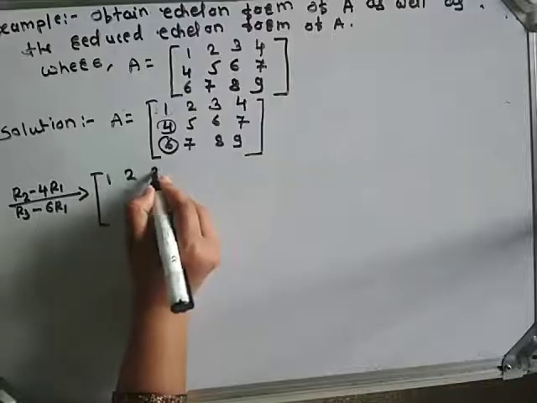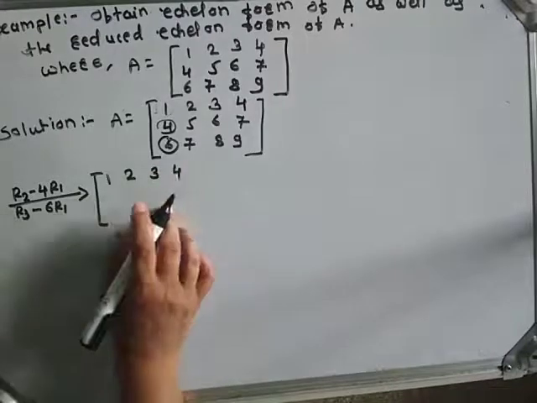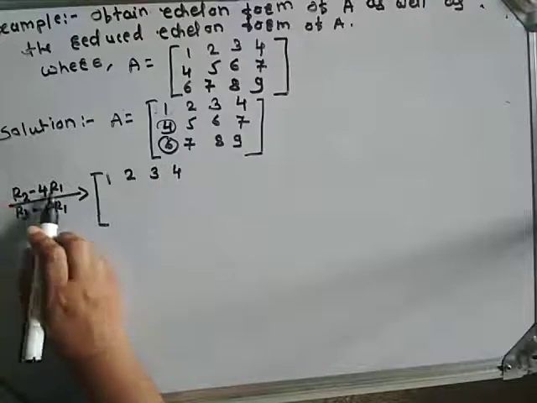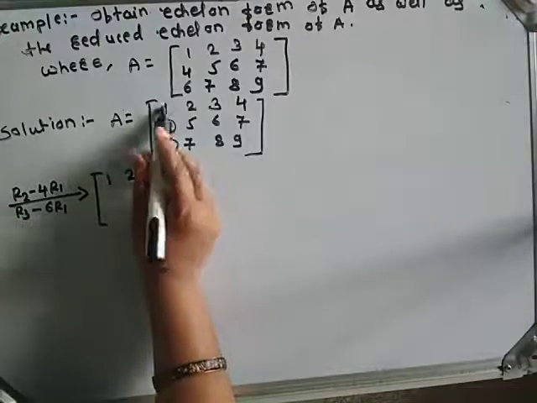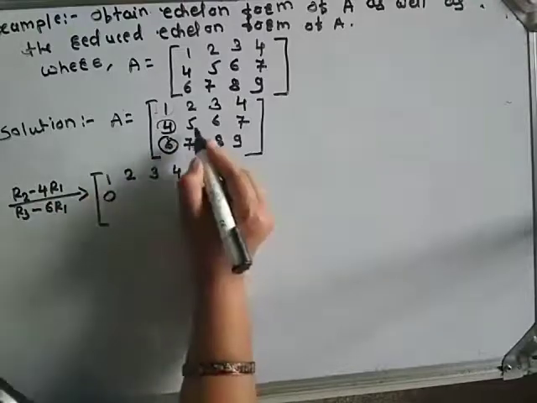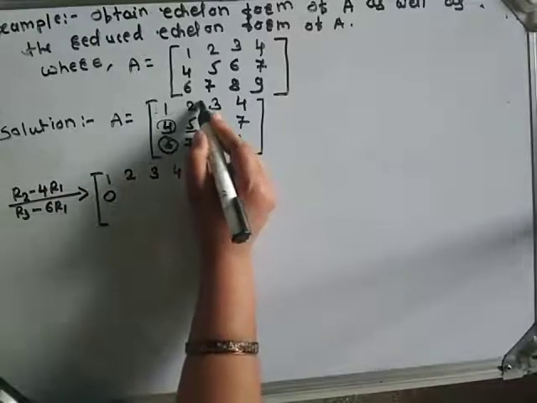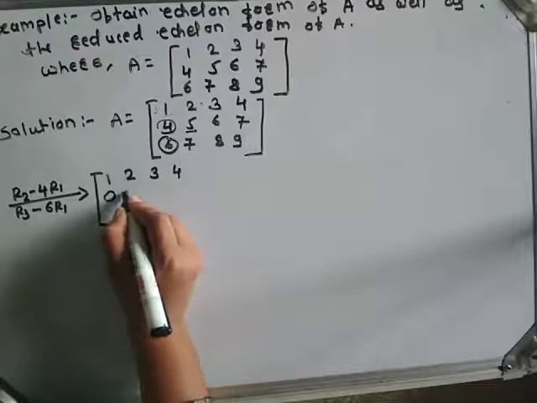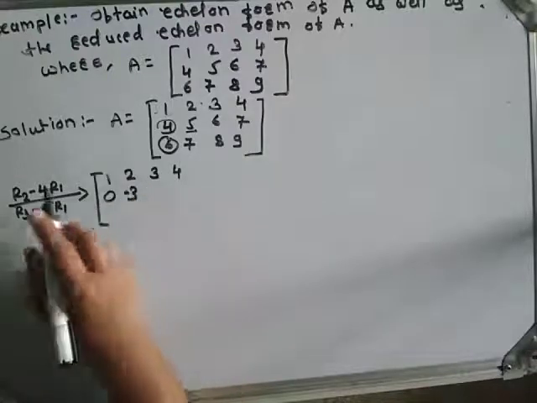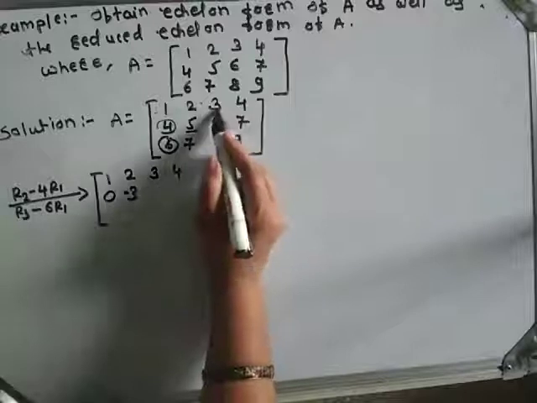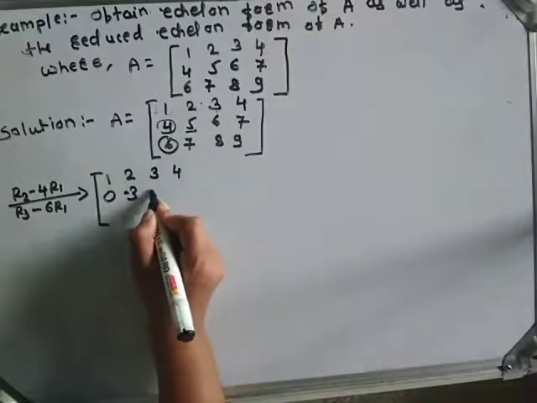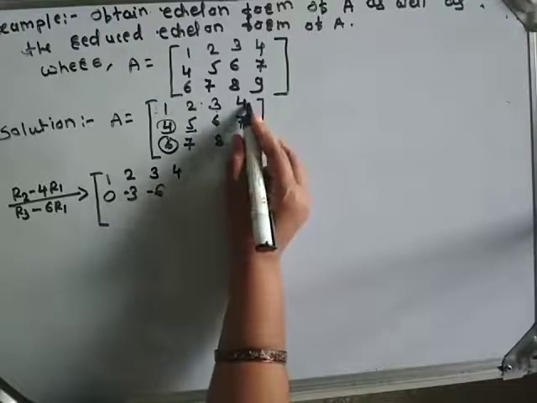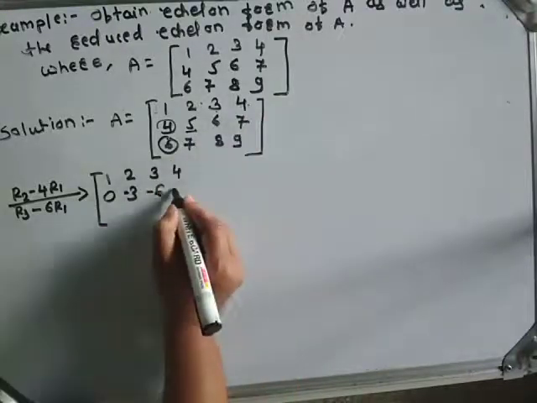First row is as it is 1 2 3 4. Here operation is R2 minus 4R1. 4 minus 4 is 0. 5 minus 8 means minus 3. Next 6 minus 12 minus 6. 7 minus 16 means minus 9.